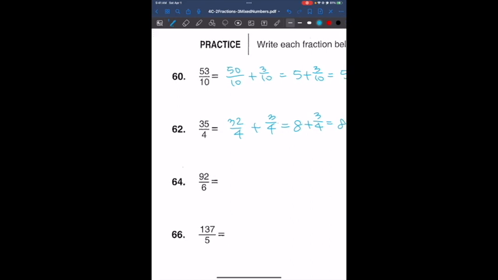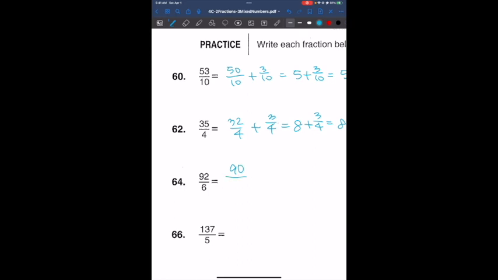Now for problem 64, a multiple of 6 that is closest to 92 but still less than 92 is going to be 90, since 90 is a multiple of 6.